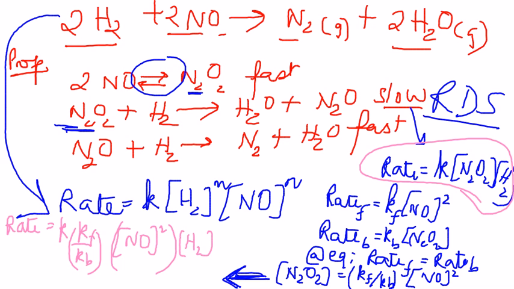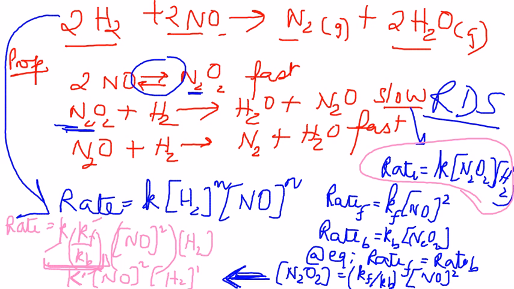Realize K is a constant, Kf is a constant, Kb is a constant. So you can consolidate this entire thing into some constant K prime, perhaps, times NO square of that, times H2, and the power is 1.